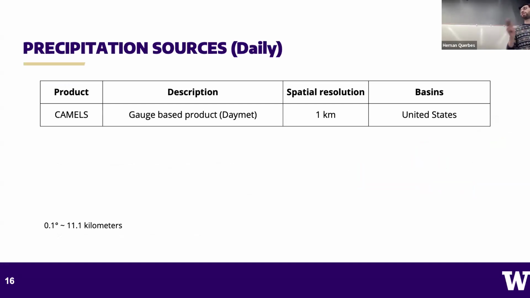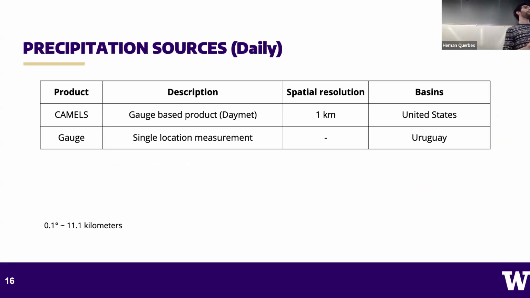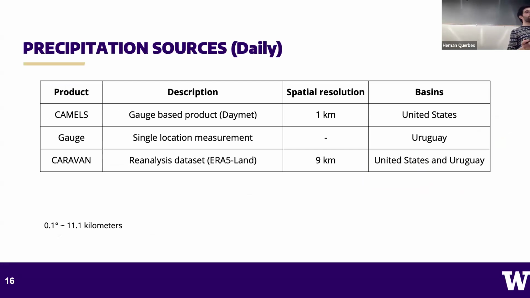So I'm going to make a synthesis of all the products that I'm using. So starting with CAMELS, a gauge-based product developed for the US with a really high spatial resolution. Then for Uruguay, I don't have this data set based on gauge measurements, but I have single location gauge measurements for Uruguay. So I'm also talking about this later.